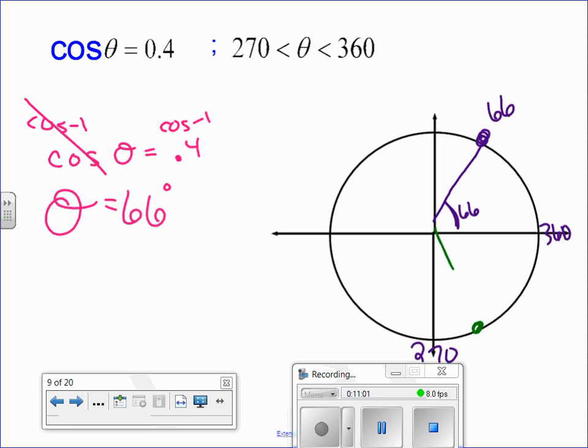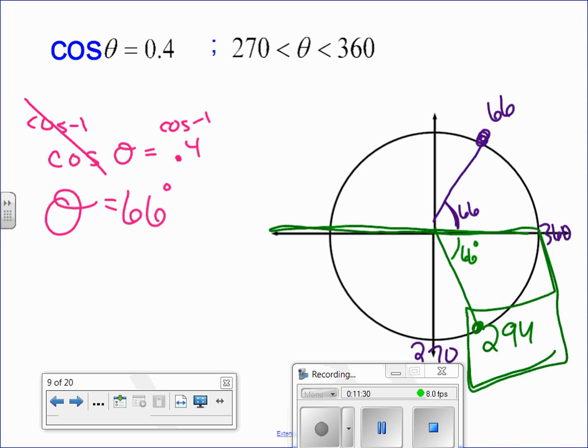It would be here. It would also have a reference angle of 66 degrees. So how do I find the position of that number? What would I type in? No, 270 plus 66 would not be correct. 360 minus 66. Does that make sense? No? Reference angles are always kind of based off your x-axis. Just kind of remember that. So never use your 90 or your 270. So 360 minus 66 is 294. That would be your final answer.